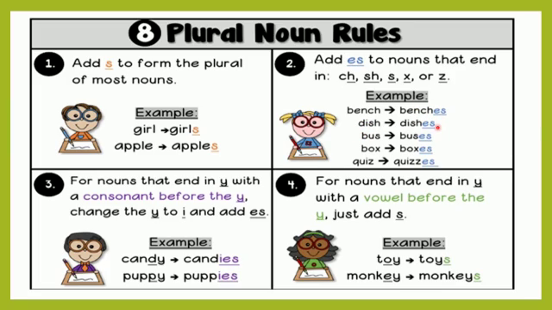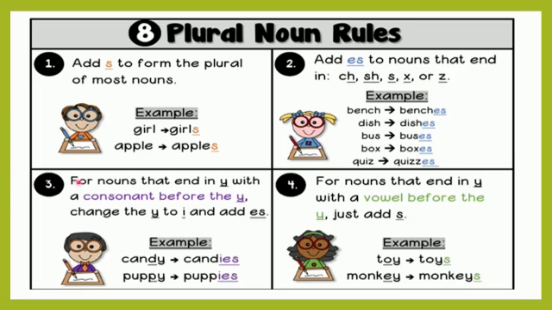Box, at the end of the spelling there is x. To make it plural, you have to add es. So if the word ends with ch, sh, s, x, or z, then you have to add es to make it plural.